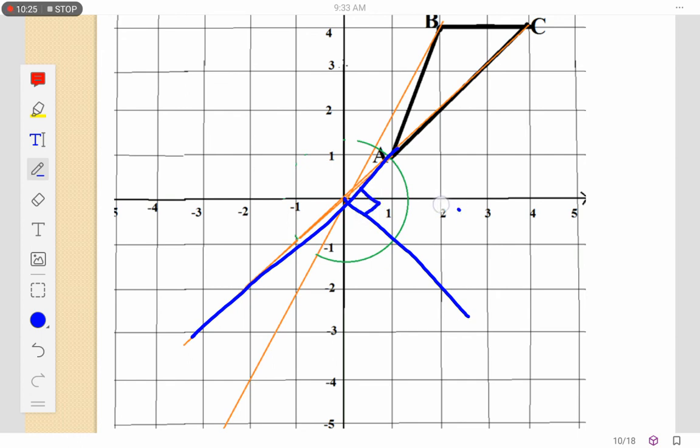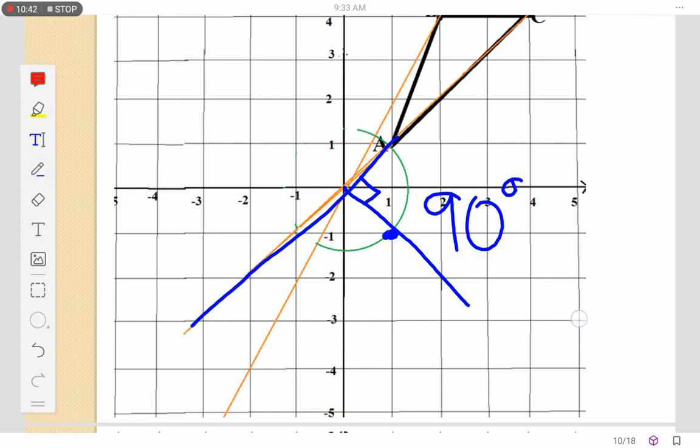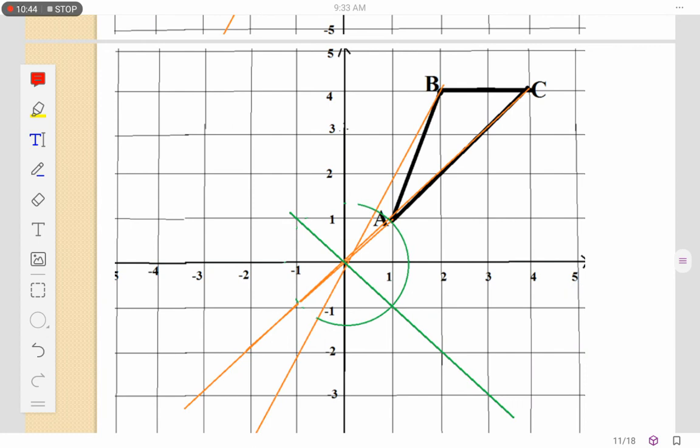So you measure 90 degrees here, and you see where your arc is corresponding to your 90 degrees. In this case it will be corresponding here. So that's where we have our A image. I'll have my A image at that point.